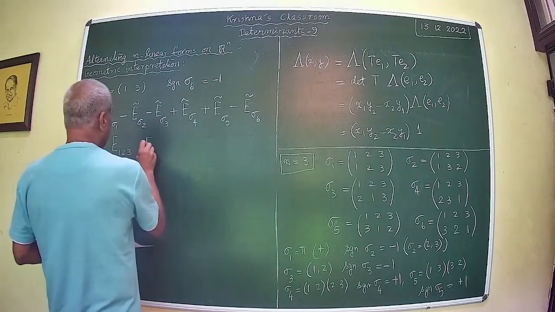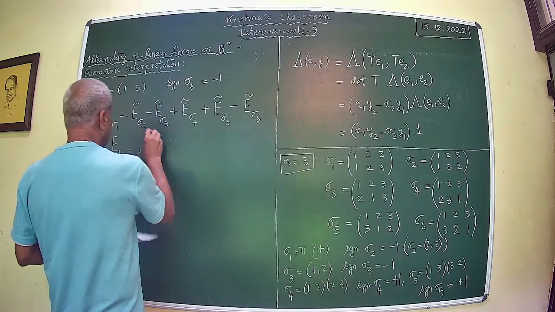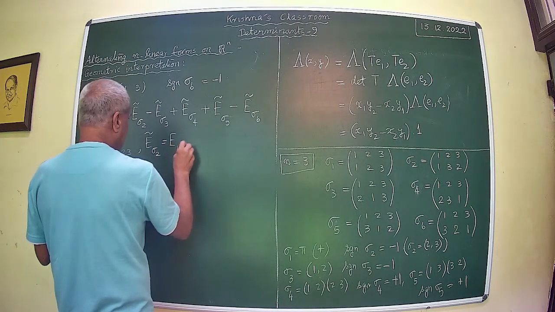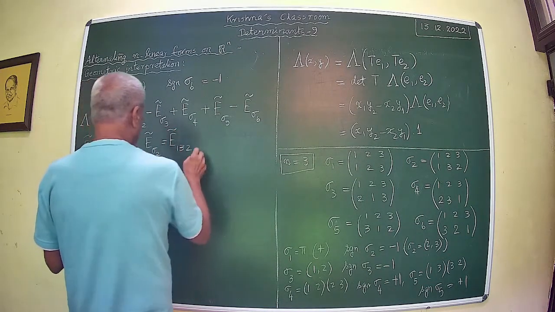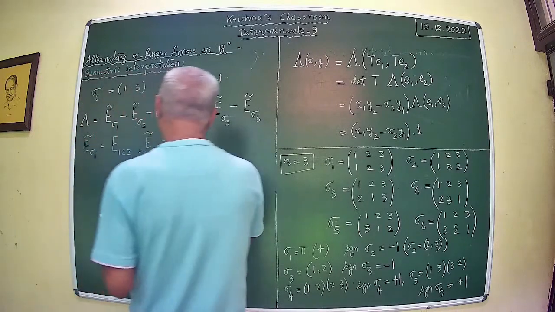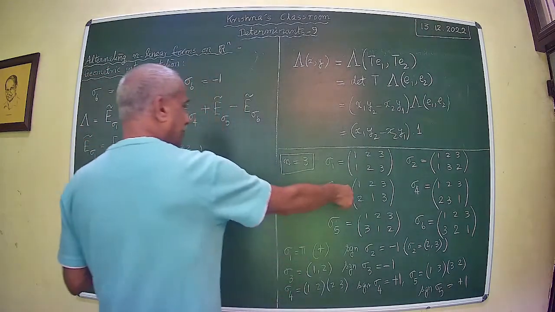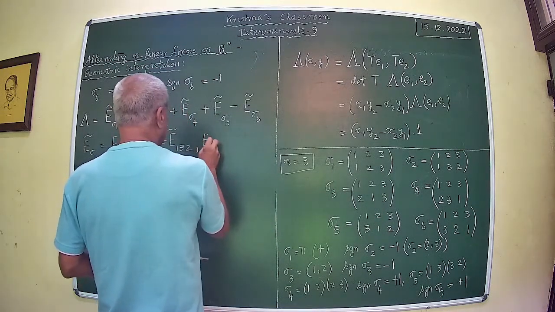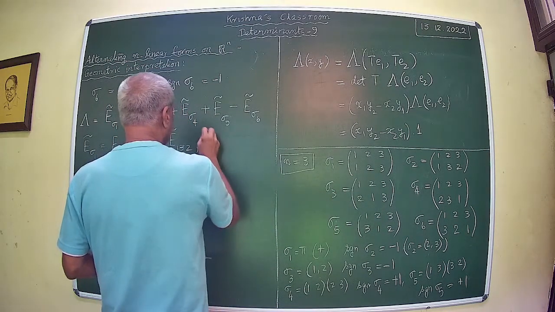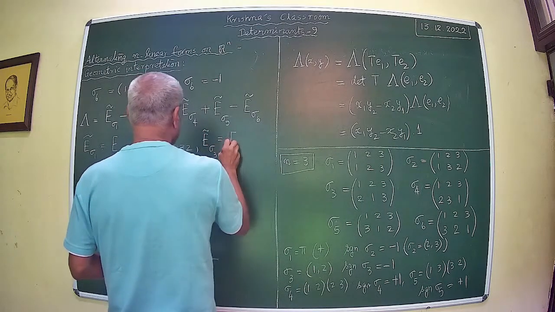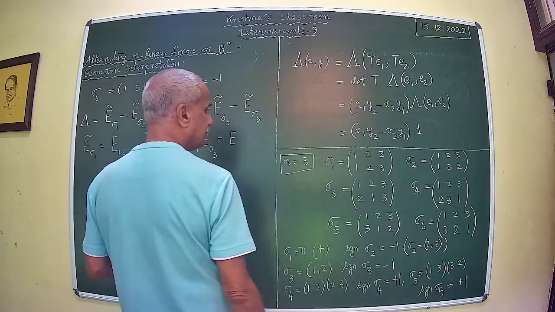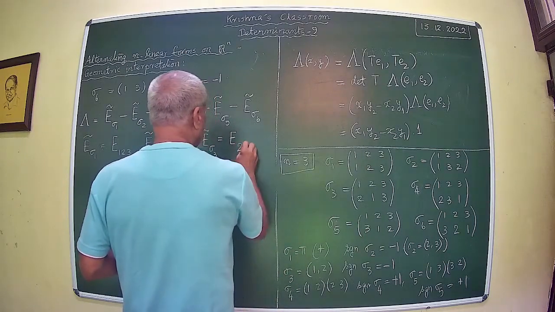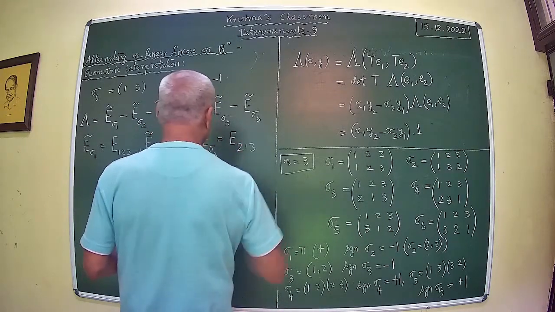E sigma 2 tilde I write as E 1, 3, 2, that is 1, 2, 3 going to 1, 3, 2. Similarly, E sigma 3 tilde equals E 2, 1, 3.